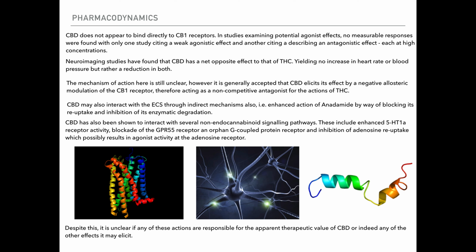CBD may also interact with the endocannabinoid system through indirect mechanisms, i.e. enhanced action of anandamide by way of blocking its reuptake and inhibition of its enzymatic degradation. So, much like serotonin reuptake inhibitors, CBD comes along, blocks the reuptake of anandamide, and inhibits its enzymatic degradation.